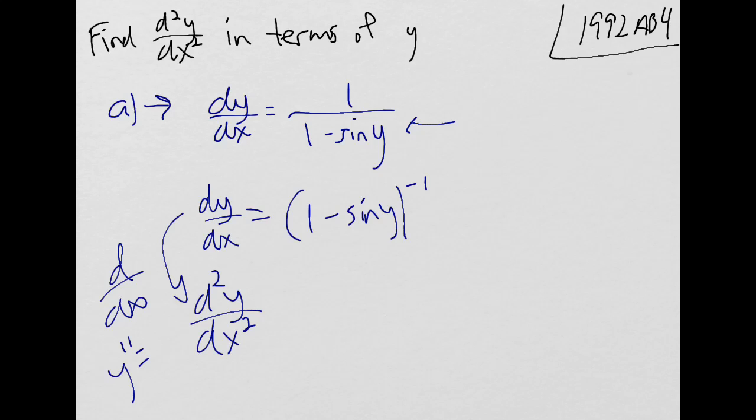So I have the second derivative, and that's equal to, so what I need to do here is chain rule first. So I'll do chain rule on the inside stuff. The derivative of 1 is nothing, so this piece's derivative doesn't show up. And then the derivative of that is minus cosine of y.